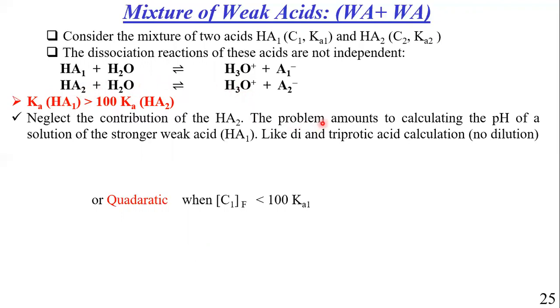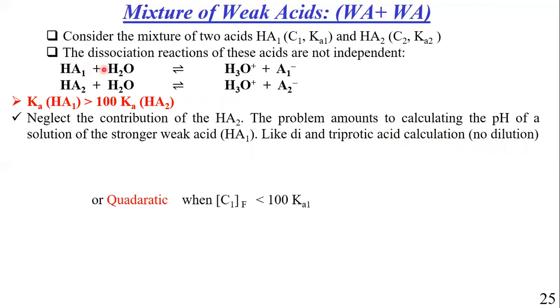This is very similar to the calculation type that we did with triprotics or diprotics, where we simply had a single equation taking place. But in that case, it wasn't a mixture, remember, it was just one solution, one species or one acid, which happens to be triprotic, so there is no dilution factor. Here, however, we have to consider the dilution.